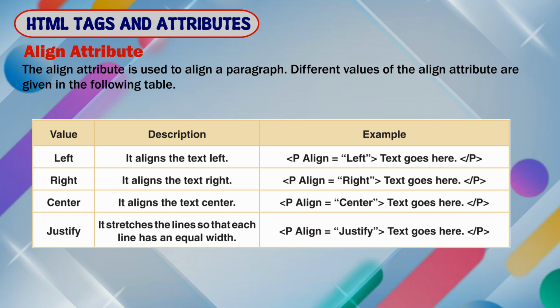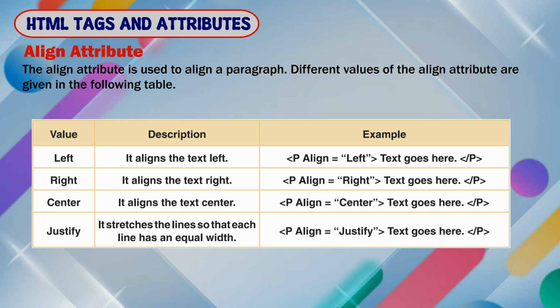Example: <p align="right"> text goes here. </p>. Value center. Description. It aligns the text center. Example: <p align="center"> text goes here. </p>. Value justify. Description. It stretches the lines so that each line has an equal width. Example: <p align="justify"> text goes here. </p>.